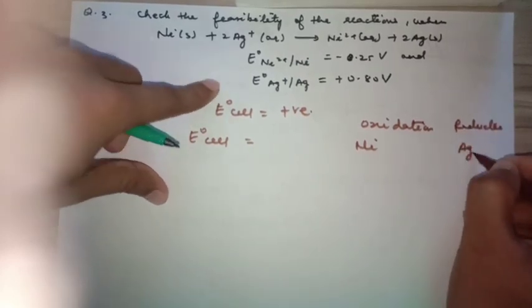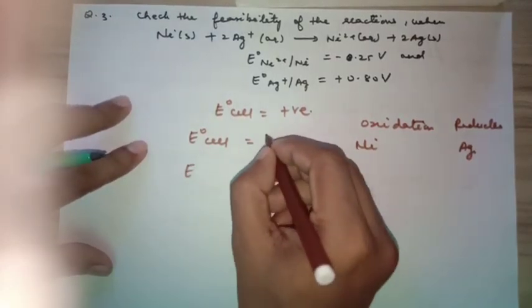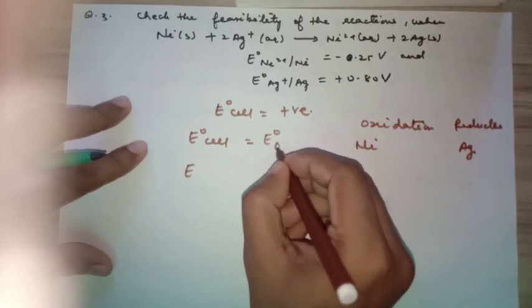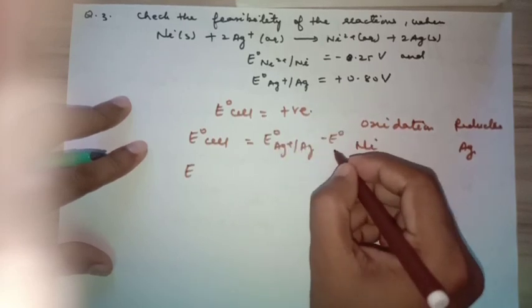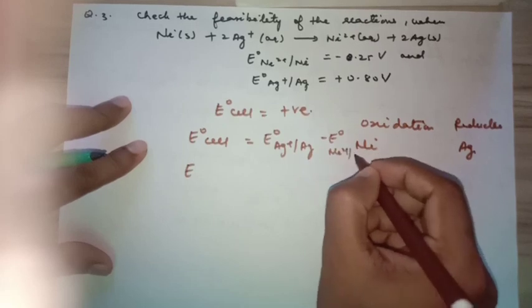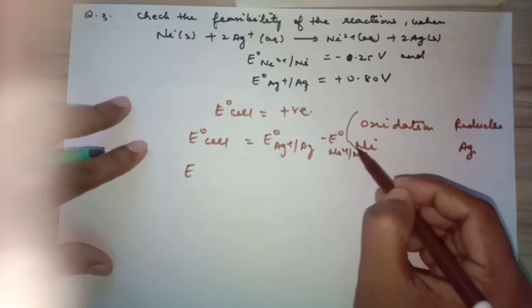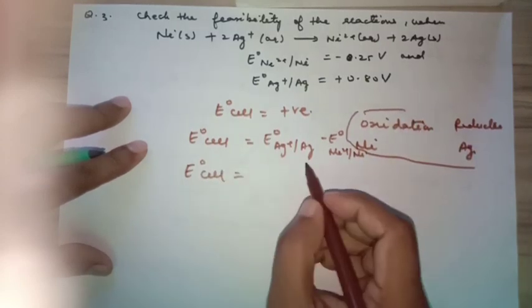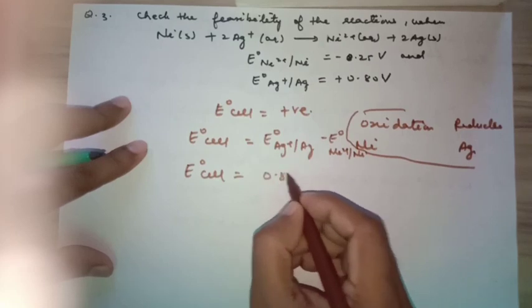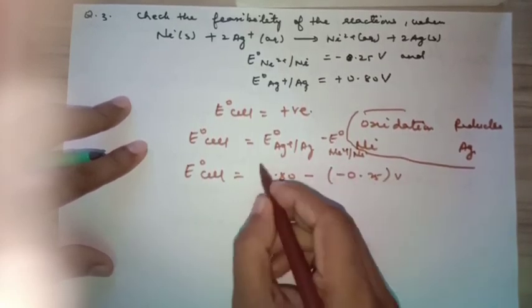So we simply say that E naught cell is equal to E naught Ag plus/Ag minus E naught Ni2 plus/Ni. So this will be our basic reaction. Now E naught cell is equal to E naught Ag, that is 0.80, minus minus 0.25 volt.